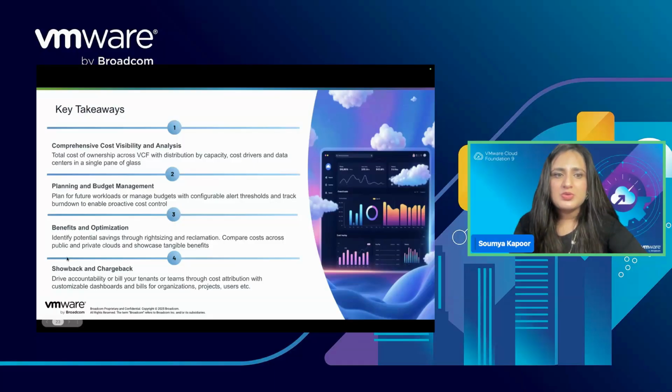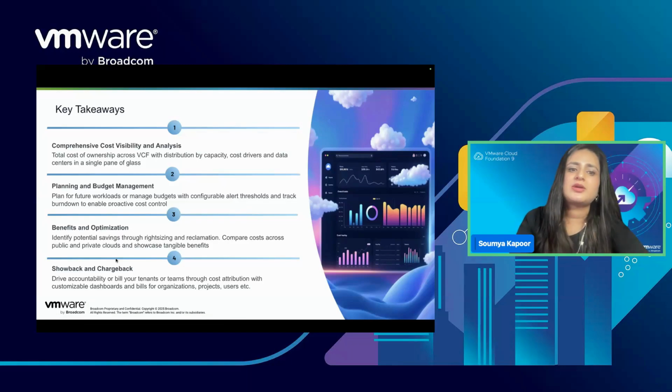We also help you see benefits in ROI through optimization capabilities via the rightsizing and reclamation features that Ops has. And then, of course, showback and chargeback is possible via the VM metrics that we generate through our patented cost algorithm. It can be distributed across whatever your management construct is, basically organizations, projects, users, or business units, and so on and so forth. So that is what we have in FinOps or cost management.